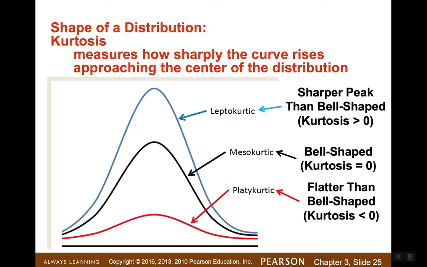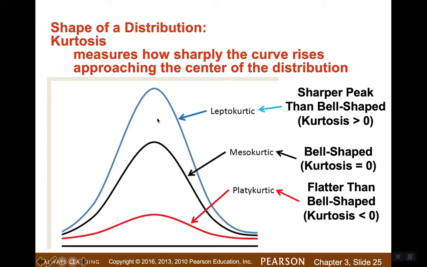And if it's bell-shaped, it's mesokurtic. So the definitions: mesokurtic means kurtosis is equal to 0. Leptokurtic means kurtosis is greater than 0. And platykurtic means kurtosis is less than 0. But it just refers to the way these curves are shaped.